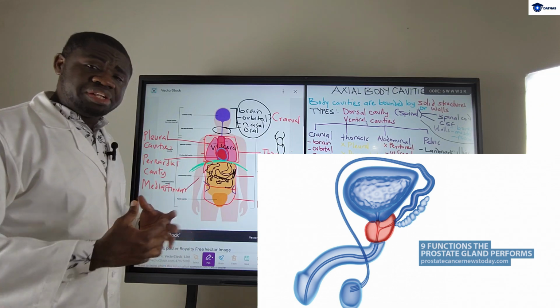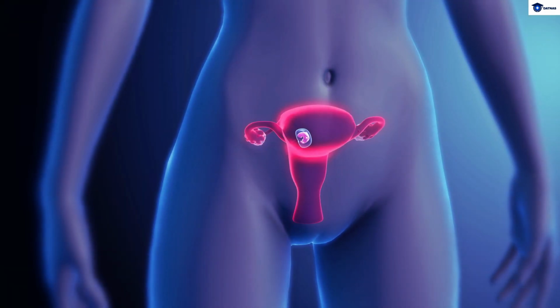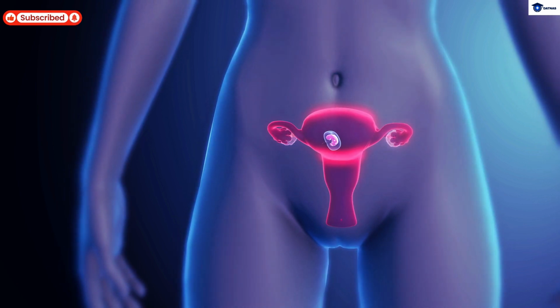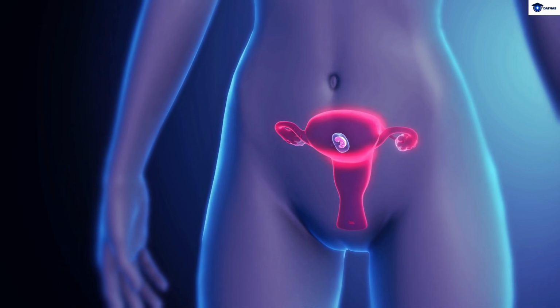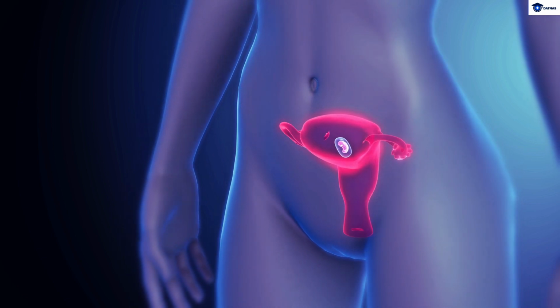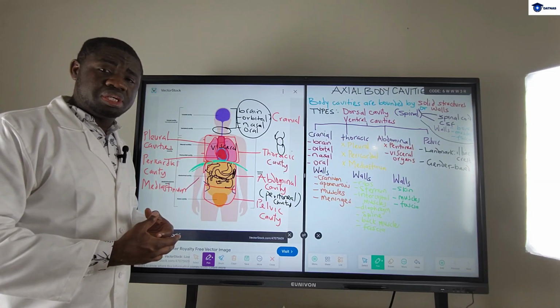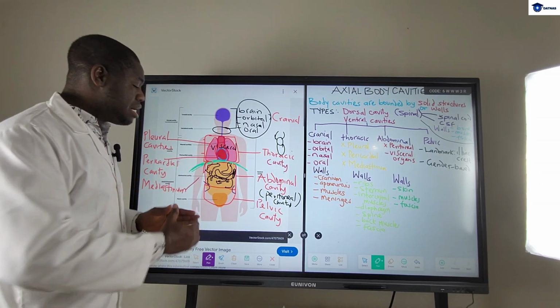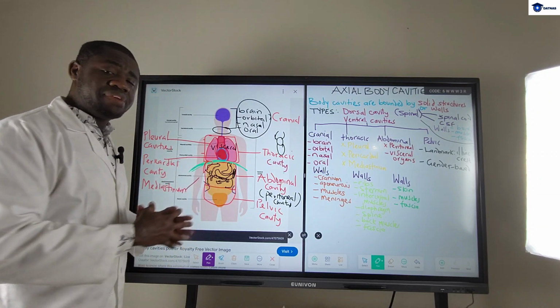But in the female gender, we have the uterus, we have the fallopian tubes, we have the ovaries, we have the cervix, the vaginal cavity. So these are reproductive organs, which means that the reproductive organs are within the pelvic cavity.